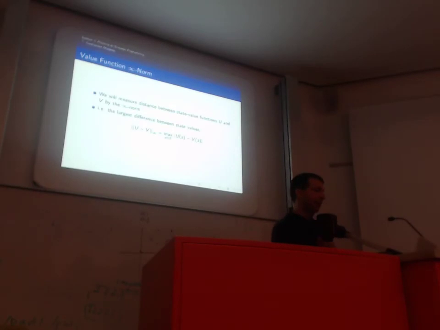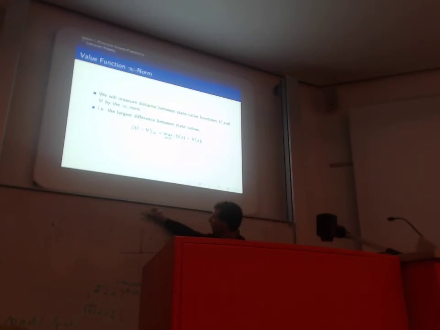We can do that by looking at the maximum difference between the state values. If our V1 was 3 and 4, and our V2 was 2 and 1, we ask what's the biggest difference between these. The biggest difference is at the second state, where we've got a difference of 3.